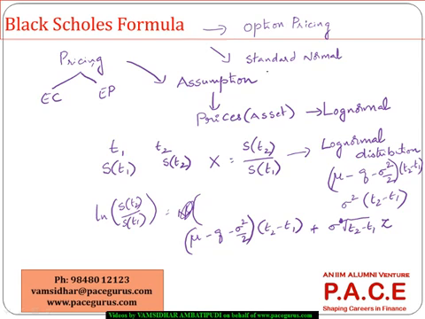Because if you remember, any normal variable, I can write it in the form of standard normal variable using mu plus sigma Z. Now mu in that case is this one, and sigma squared in that case is this one. So sigma will become sigma times square root of T2 minus T1.